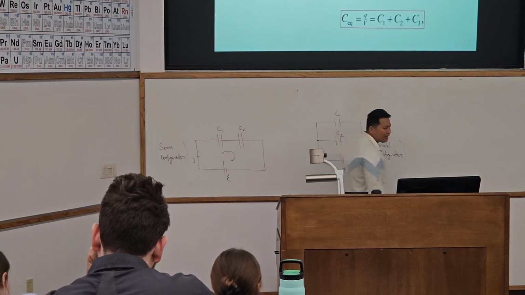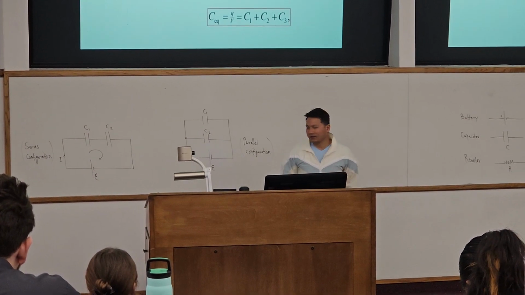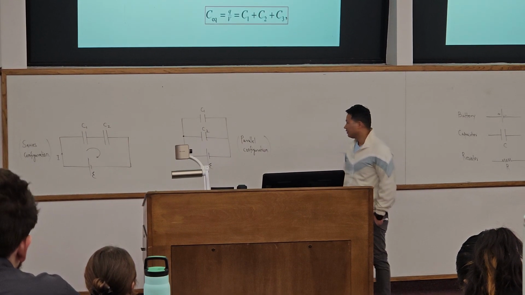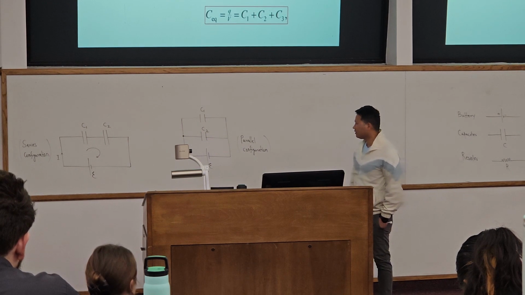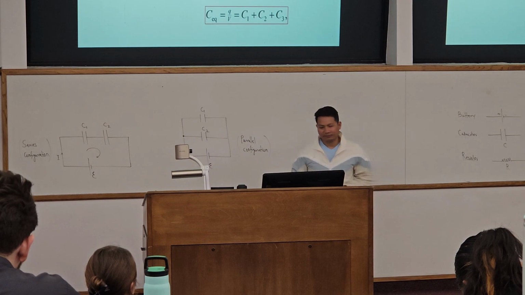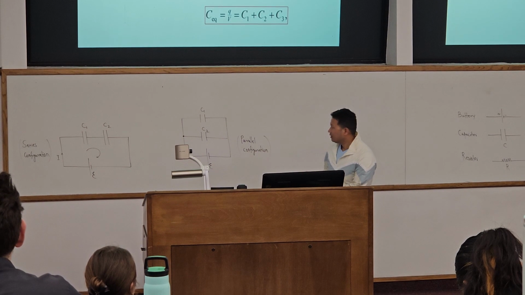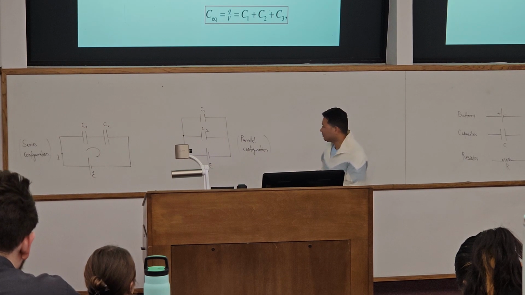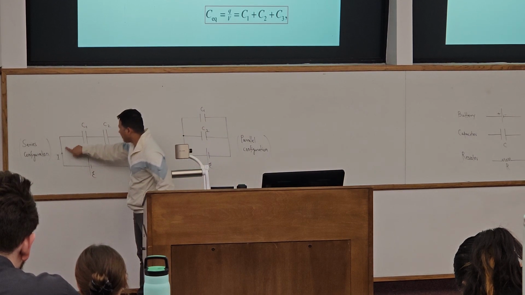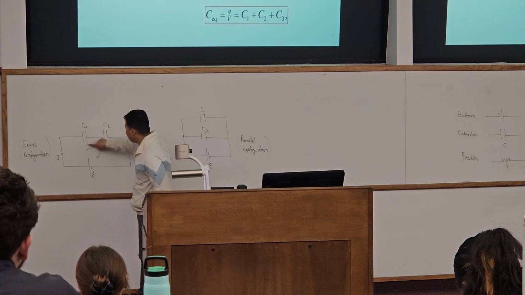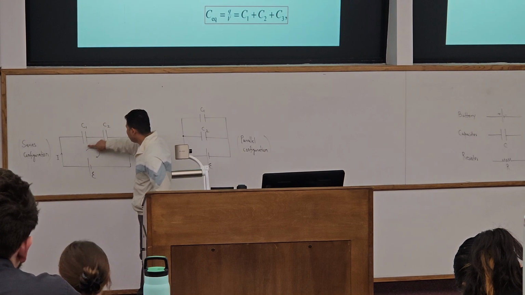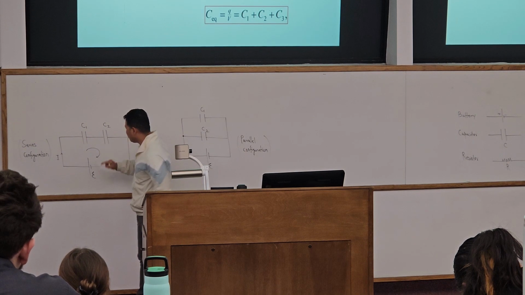So there are two ways that we can connect two capacitors: series combination and parallel combination. In series, the same current passes through C1 and C2, and it comes back, making a loop.